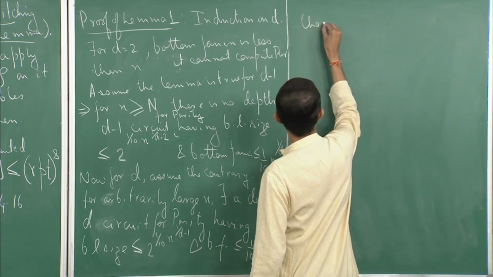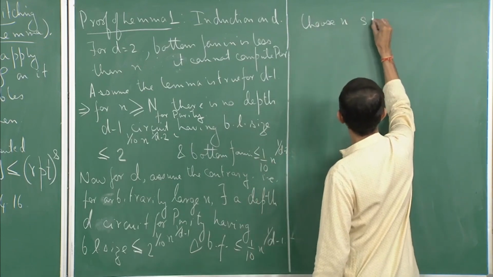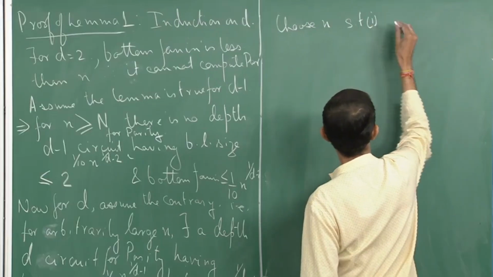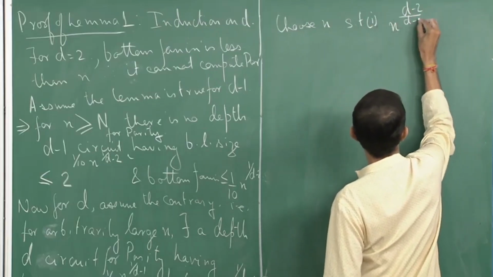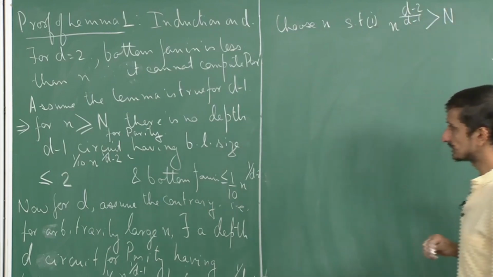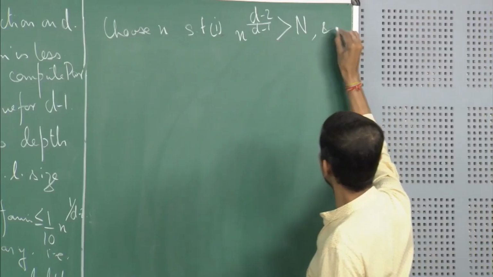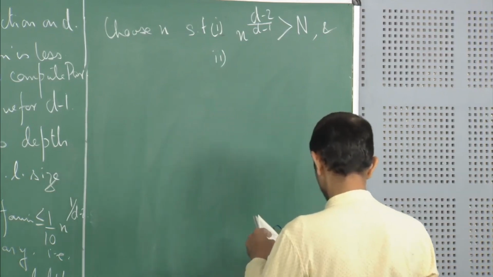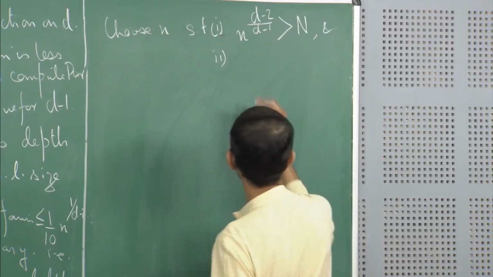Choose my n such that it satisfies two constraints. It is still greater than this constant capital N that we had, and what else do I need?